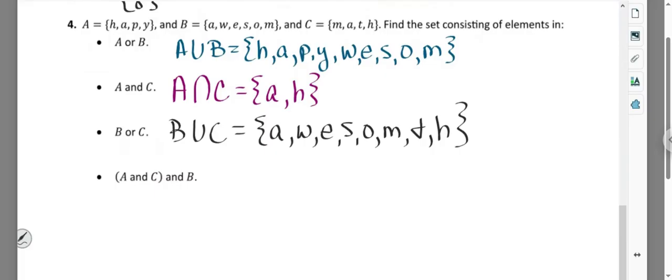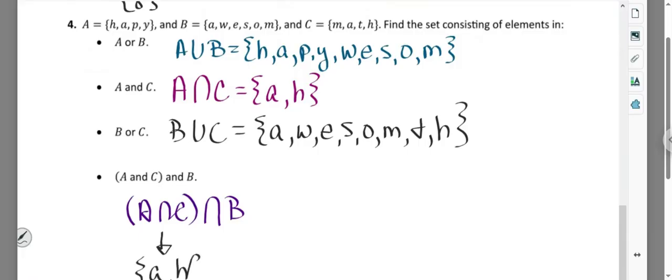So the last one, the intersection of A and C, and then that intersection with B. So first of all, the intersection of A and C, that's A and H. So of those two letters, the only one that's in both of them is A. So we have the intersection of A and C are the two letters.